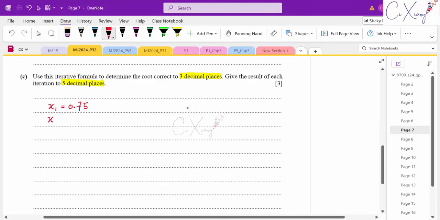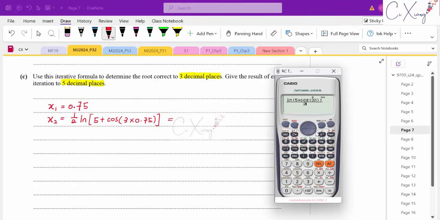If I determine this to be my initial value, then to get the second x, you need to substitute your initial value, 0.75, into the iterative formula. We can use the calculator to help us.